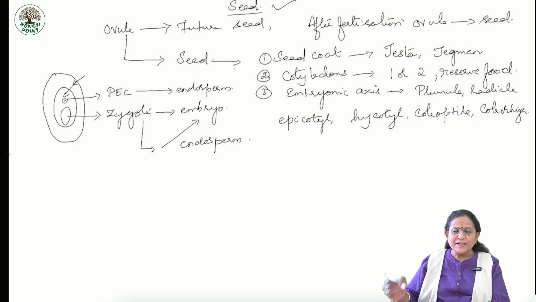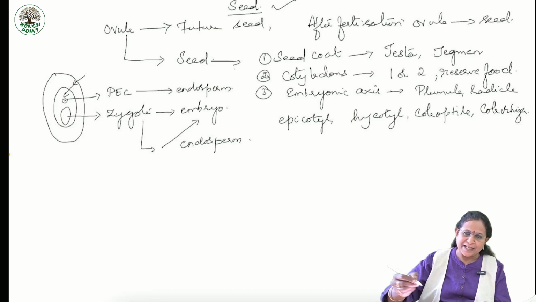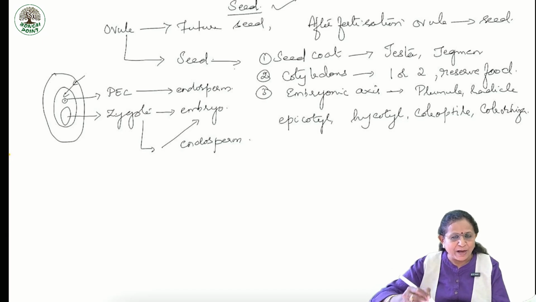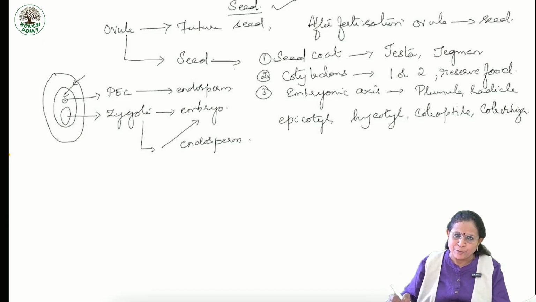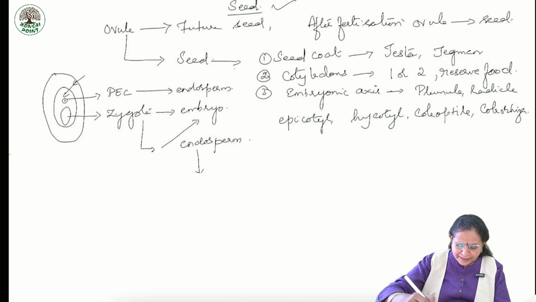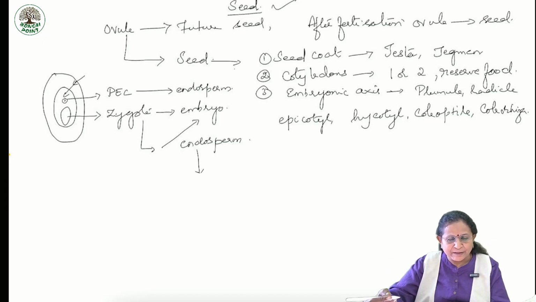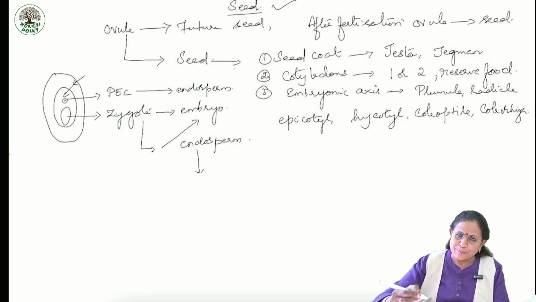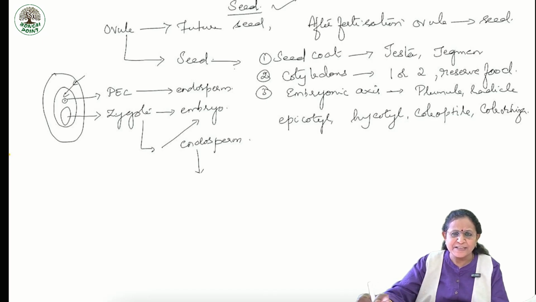So, this endosperm supplies nourishment to the zygote which is dividing to form an embryo. Now, this endosperm may be completely used up by the developing embryo or it may remain a little. If it remains, we say residual endosperm. If it does not remain, we say endosperm is completely used up.